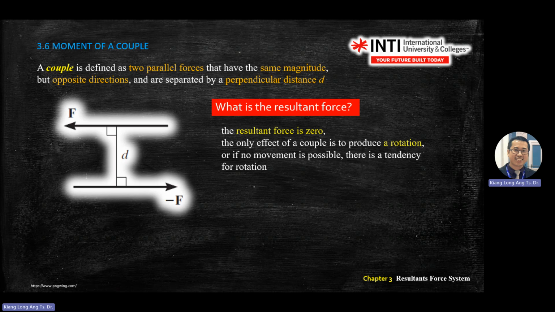So the only effect is rotation, or if no movement is possible, so if the thing cannot move, then there will be a tendency. We use the word tendency, which means it will try to rotate itself. Tendency means there's a chance it will rotate.